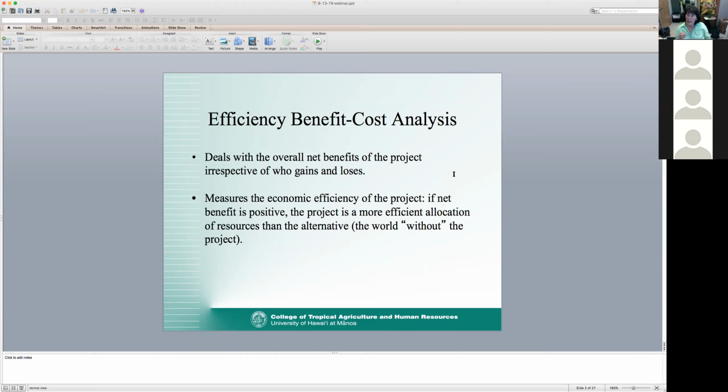So again, efficiency benefit cost analysis: we're not looking, in economics, at social equity. We're not looking at distributional things. What we're looking at is, are we using our resources efficiently? We want our resources throughout the entire world to move to their highest and best use.